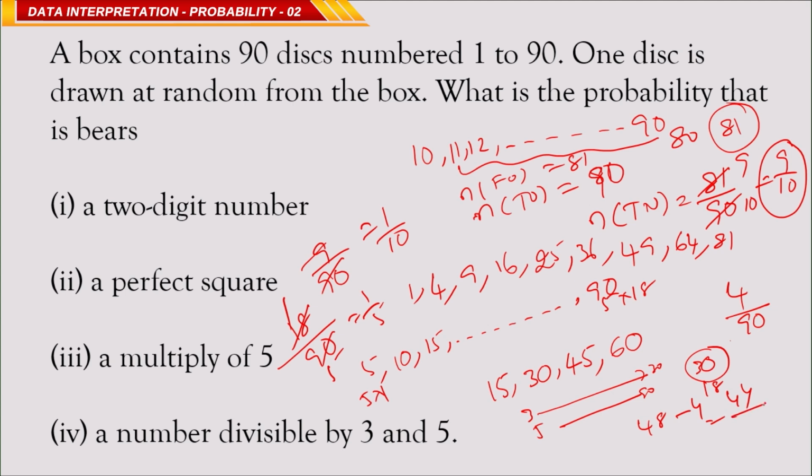So, 44 by 90, which is 22 by 45. This is a very important thing. So, 22 by 45 gives the numbers divisible by either 3 or 5. But here the question is for numbers divisible by 3 and 5, that is 15, 30, 45, 60. So, there are 4. So, the favorable outcomes is 4 and the total outcomes is 90, that is 4 by 90. Is it clear? Okay.